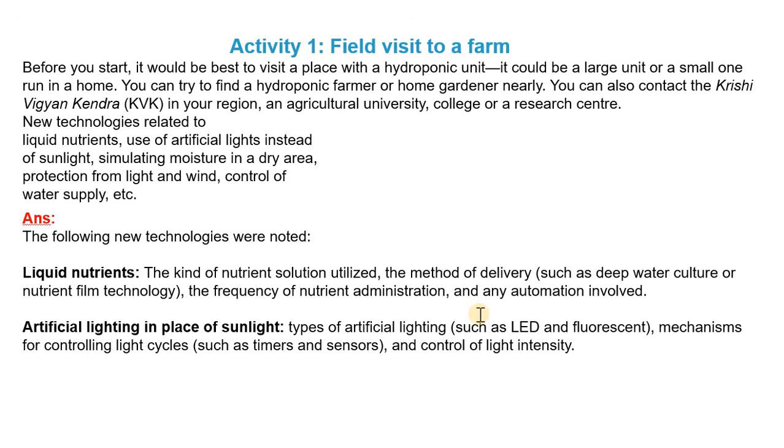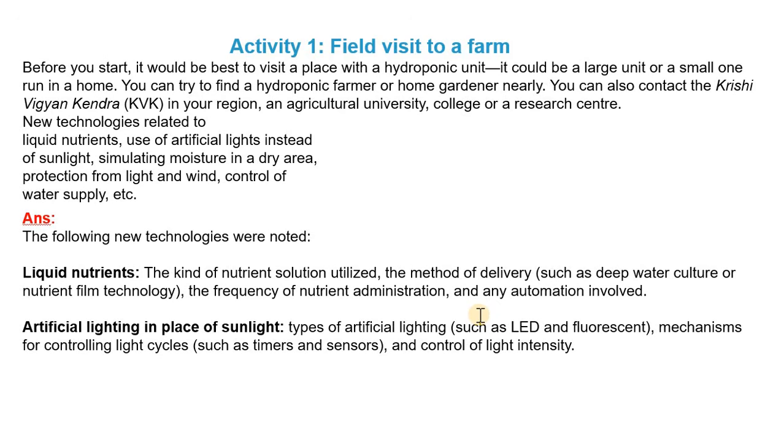New technologies related to liquid nutrients, use of artificial lights instead of sunlight, simulating moisture in a dry area, protection from light and wind, control of water supply, etc. Now the answer is the following new technologies were noted.